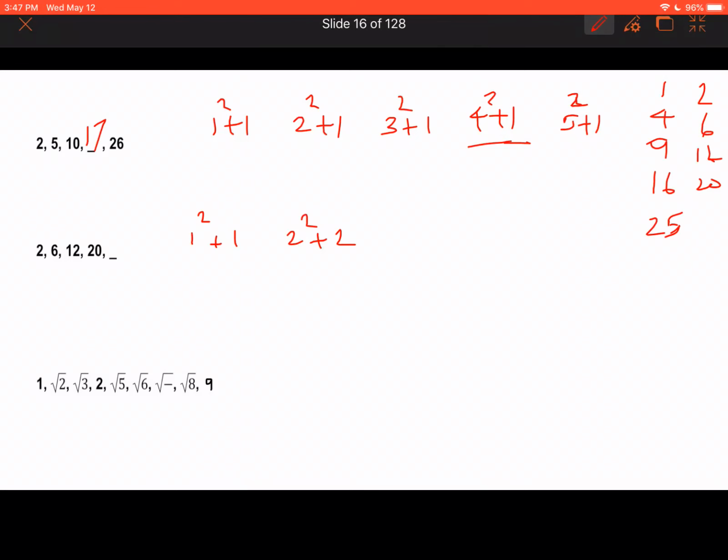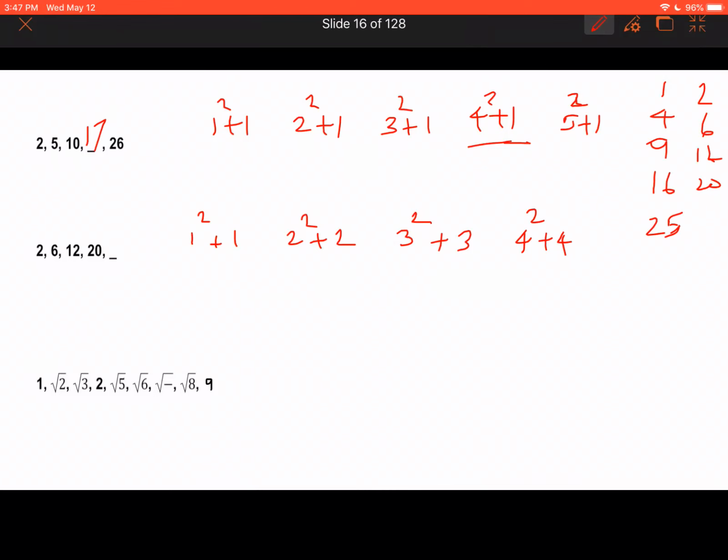This is 3 square is 9 plus 3. Then 4 square is 16 plus 4.